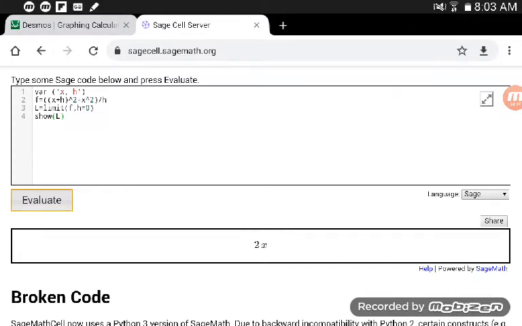But on the other hand, if I go here and I say, well, I want to declare two symbolic variables, x and h, and I say f equals x plus h quantity squared minus x squared all divided by h, and then I say take the limit of f as h goes to 0, but you do it by saying it with h equals 0 and then show that limit, 2x.